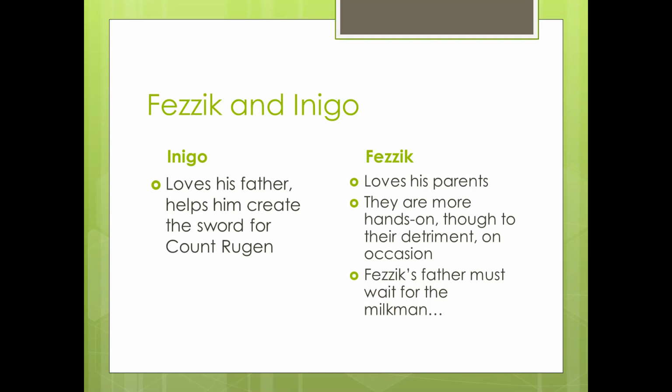And there's a wonderful little moment here in the book about Fezzik's father having to wait for the milkman, because as our author, William Goldman, describes in one of his asides, one of his parenthetical additions, at this point in time, there was a debate over who was going to be responsible for dentistry, dentists or milkmen, because they did know enough to understand that milk was important to the growth of strong bones.